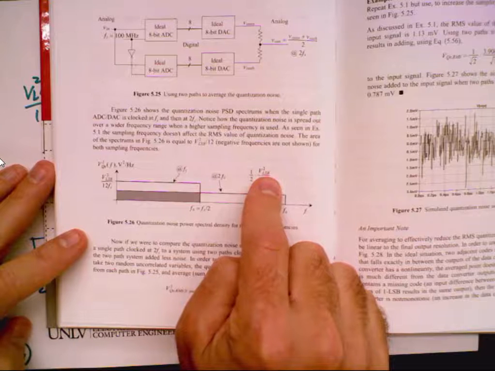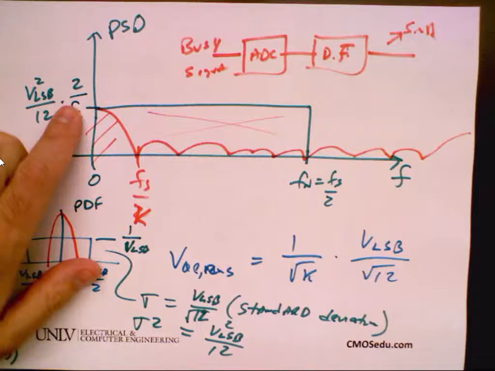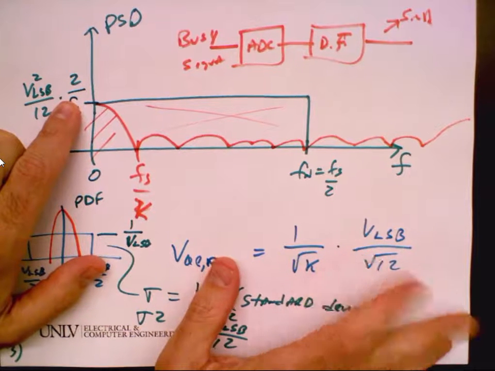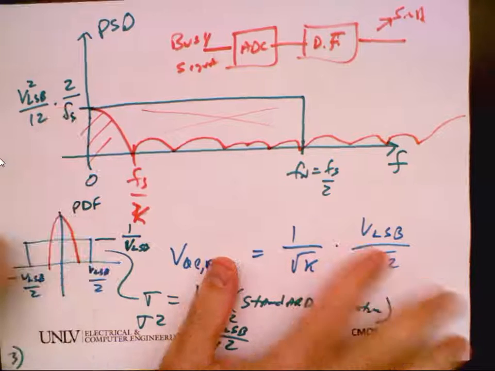No, nothing challenging there, right? And if I had the 2 there, that would be 4. Yeah, one-sided spectrum. All right, so let's look at example 5.15.